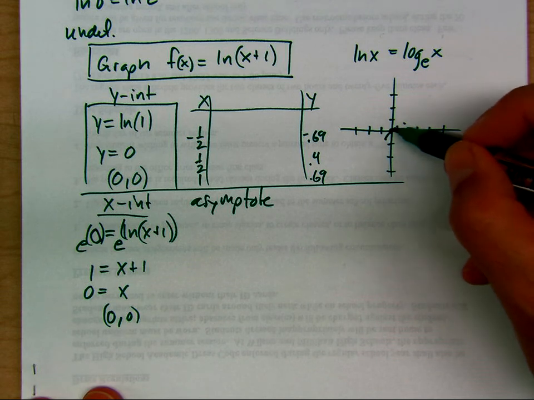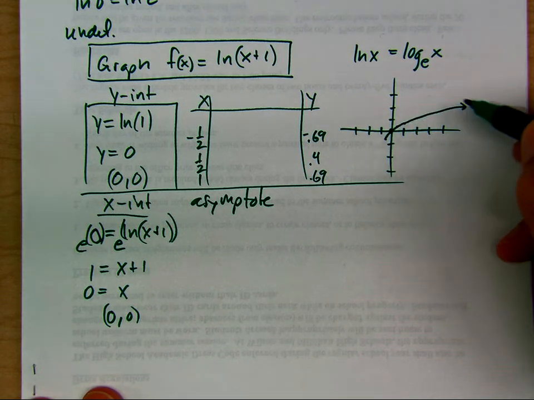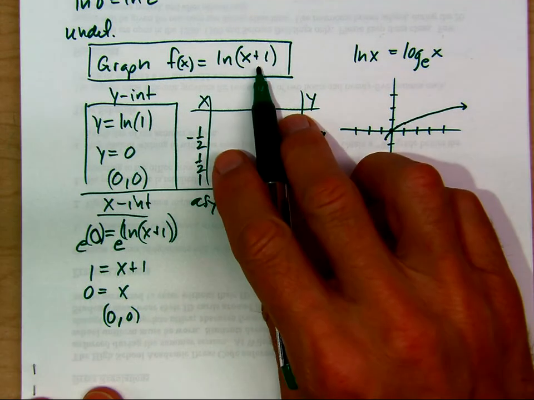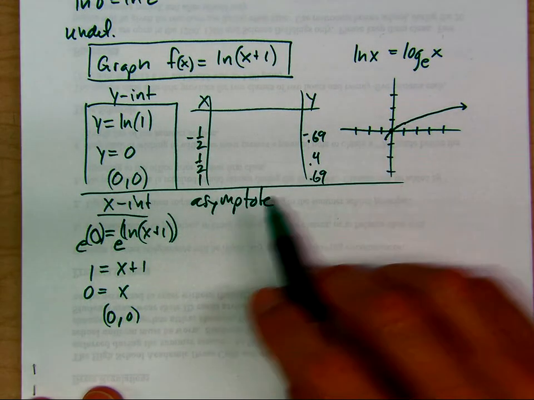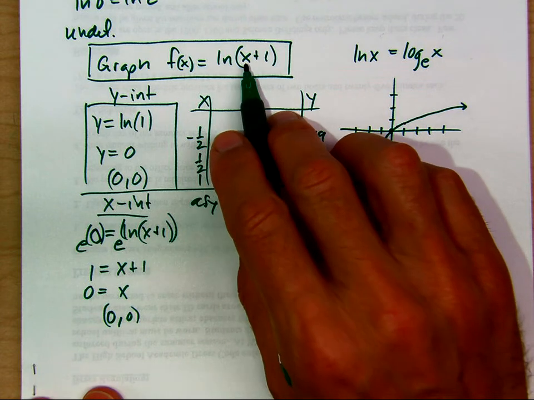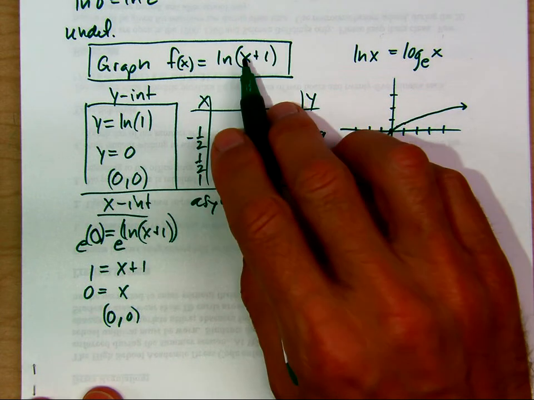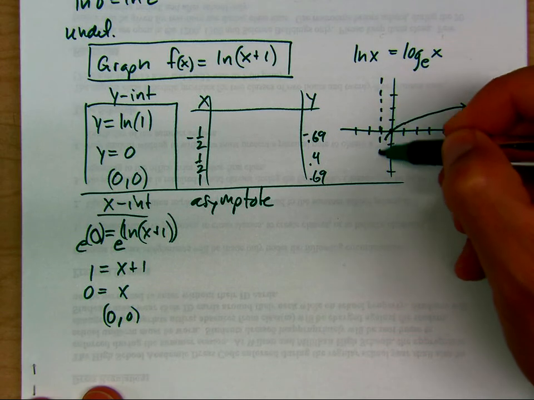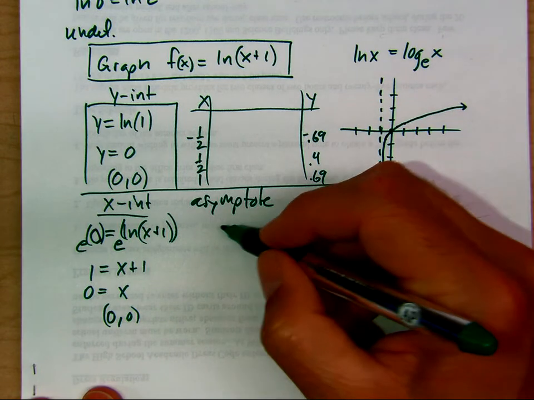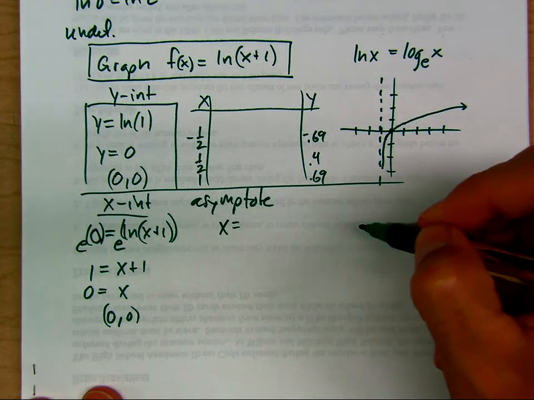So we can see it curving like that. The horizontal shift is 1 to the left. Another way to find the asymptote is what number makes this undefined. So a negative 1 makes it undefined, and that's where the asymptote is going to be at negative 1. X equals negative 1.